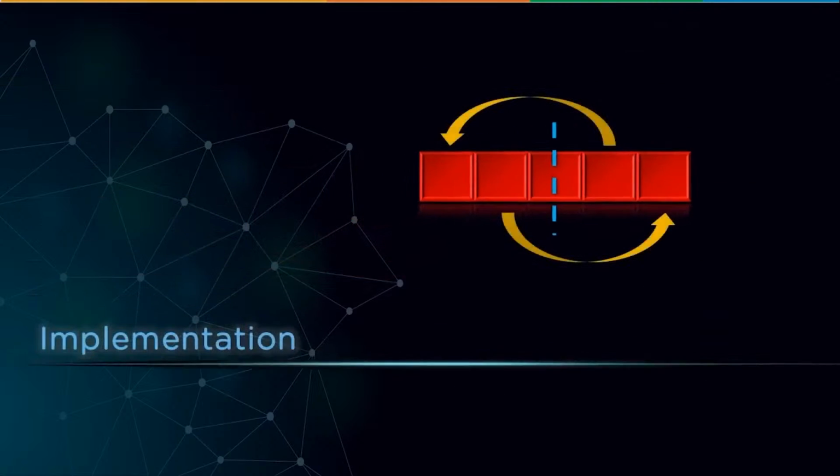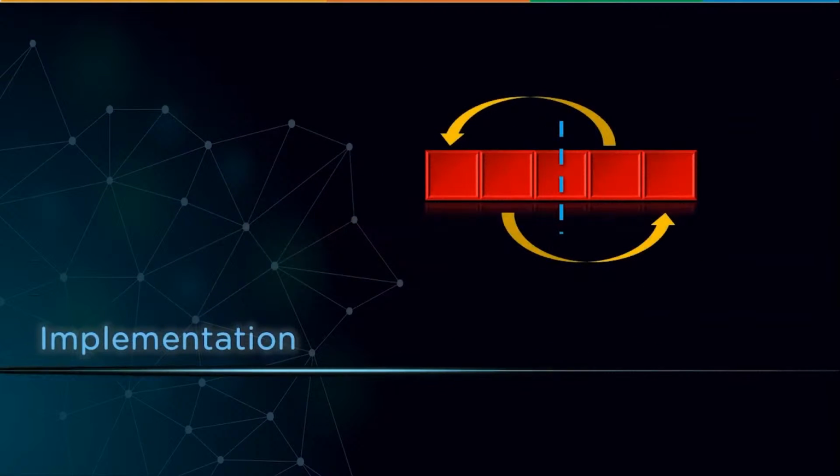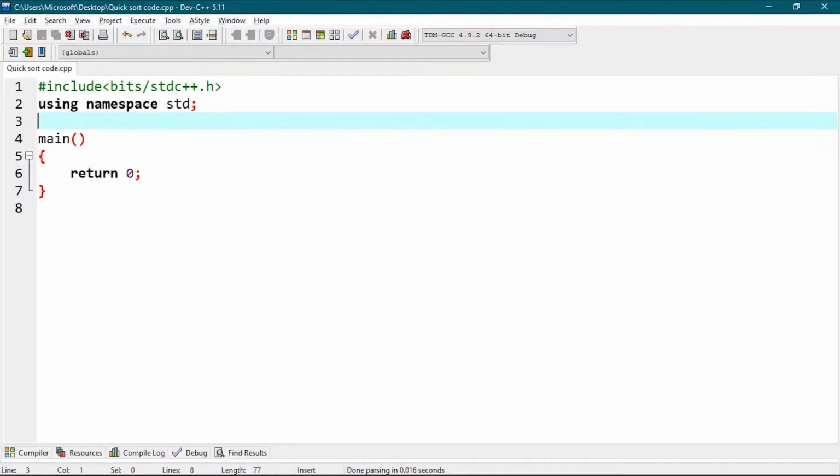We have now introduced the quicksort and its algorithm. Now let's implement this algorithm in the code editor. We will start by creating a function swap.